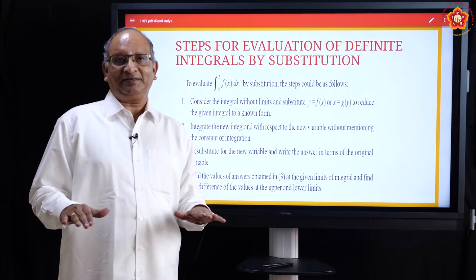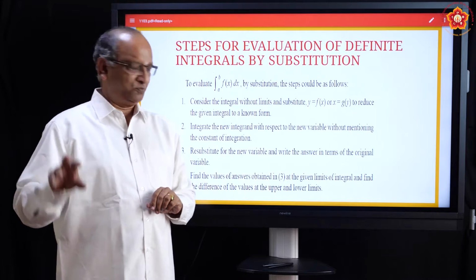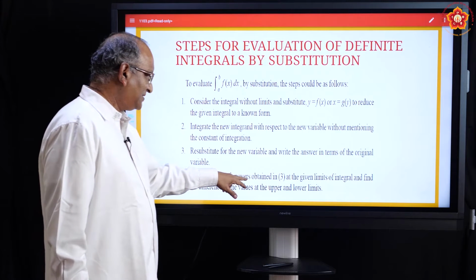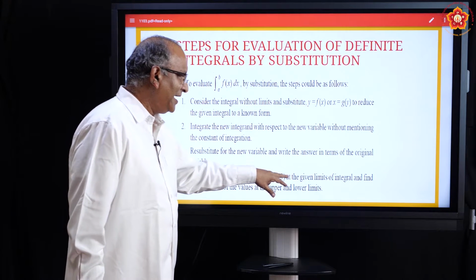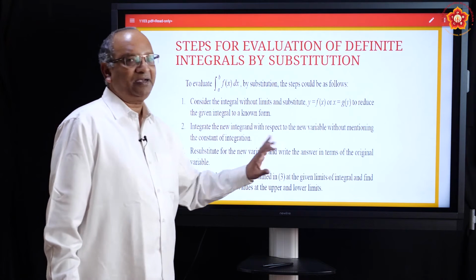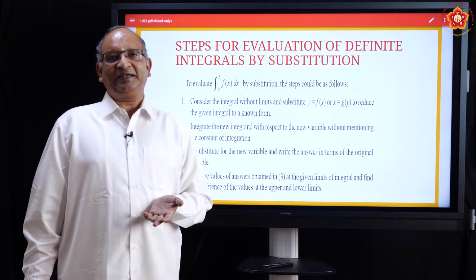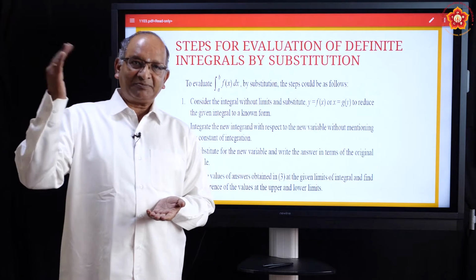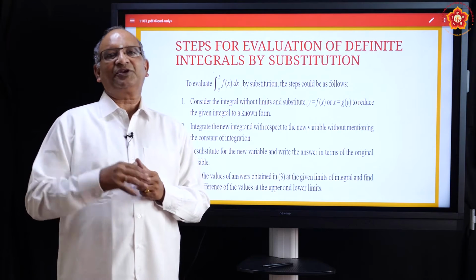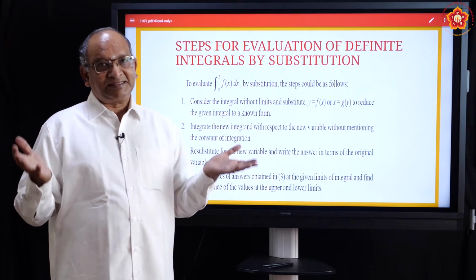Once we have solved it, substitute back whatever you have assumed and then find the values of the answer obtained at the given limits of the integral and find the difference of the values at the upper and lower limit. What way is it different from indefinite integrals? We substitute the limits. First we substitute upper limit minus lower limit and get exact value.